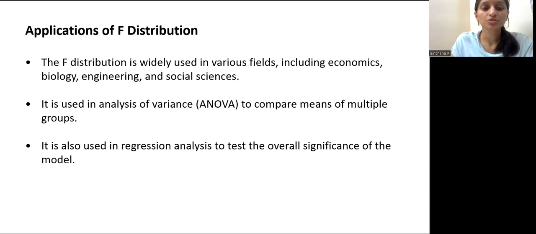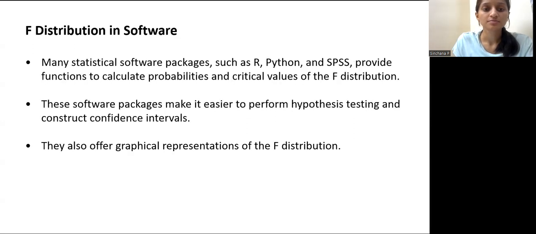Application of F distribution. The F distribution is widely used in various fields including economics, biology, engineering, and social sciences. It is used in the analysis of variance, ANOVA, to compare the means of multiple groups. It is also used in regression analysis to test the overall significance of the model.